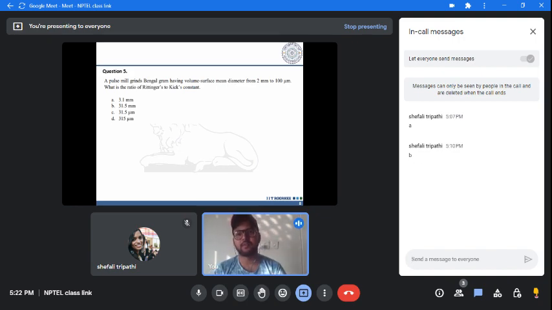And Kick's law says that the energy required for the reduction of any material will be directly proportional to the feed to product ratio. Suppose your feed is 5 millimeter and your product is 3 millimeter, so your energy will be directly proportional to 5 upon 3. So you need to solve like this. Then at last you need to find out the ratio of Rittinger's to Kick's constant.